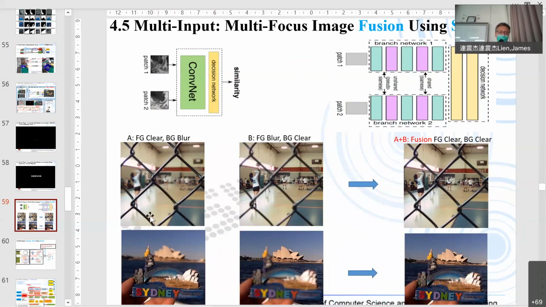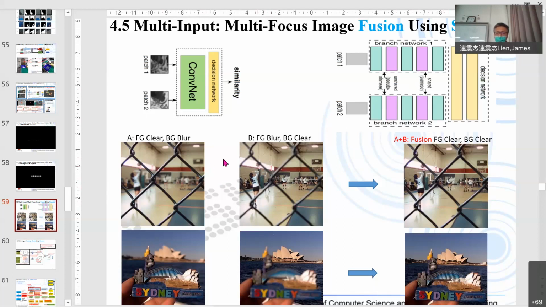Suppose I take one photo, and you find that the foreground is clear and the background is blurred, but in the second image the foreground is blurred and the background is clear, and we merge both together. That means we let the network pick up the clear pixels and put them here.